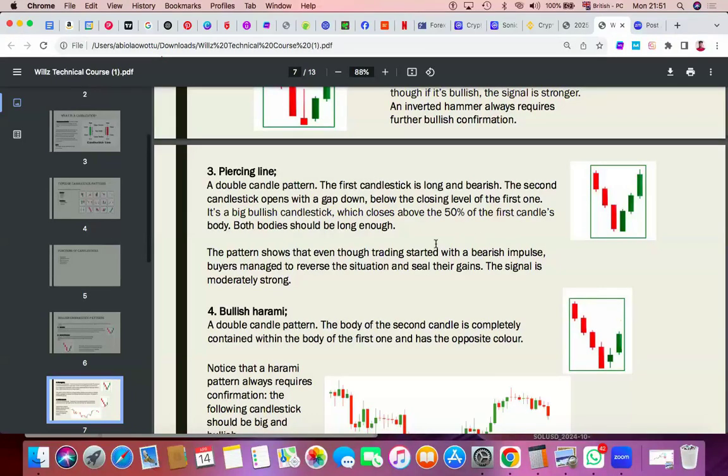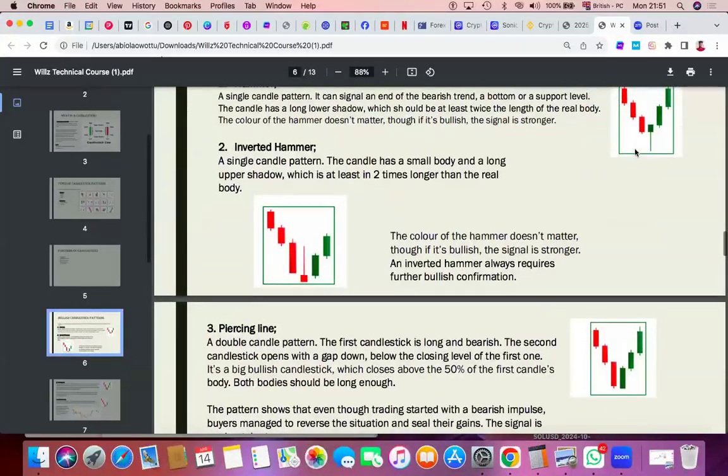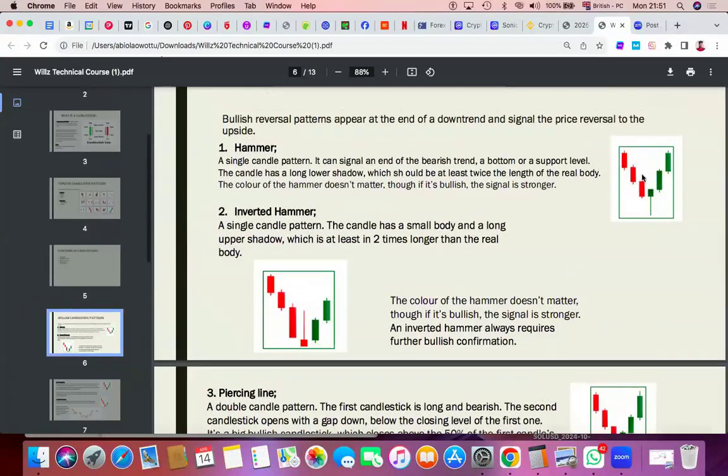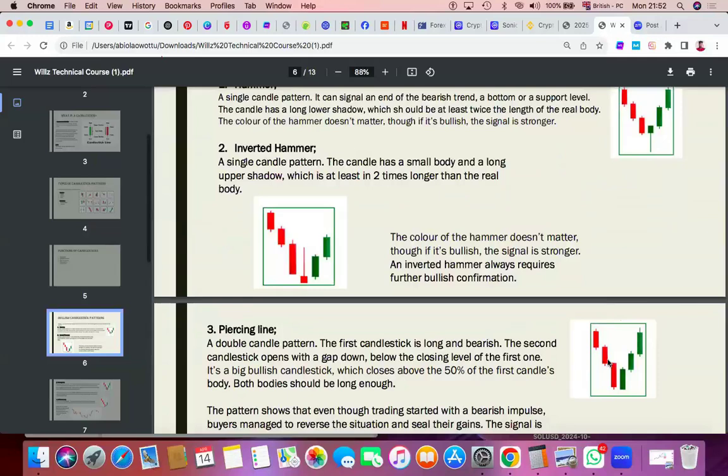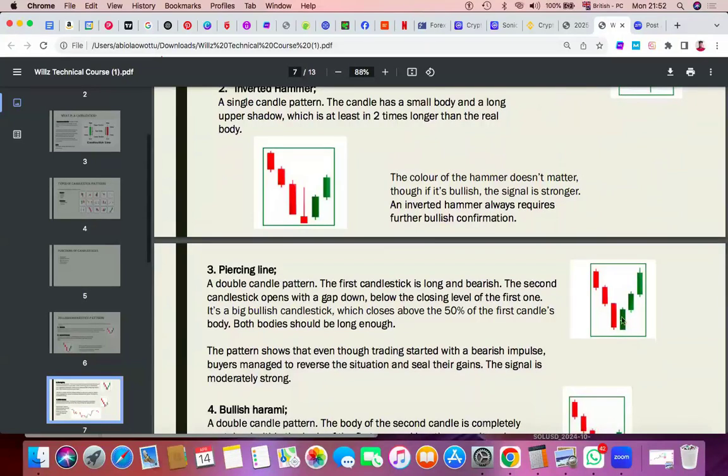The body should be long enough. So this is almost like a hammer, right? It has three consecutive down candles and also three consecutive bullish candles. So it's a 50-50. This is what we refer to as a piercing line.